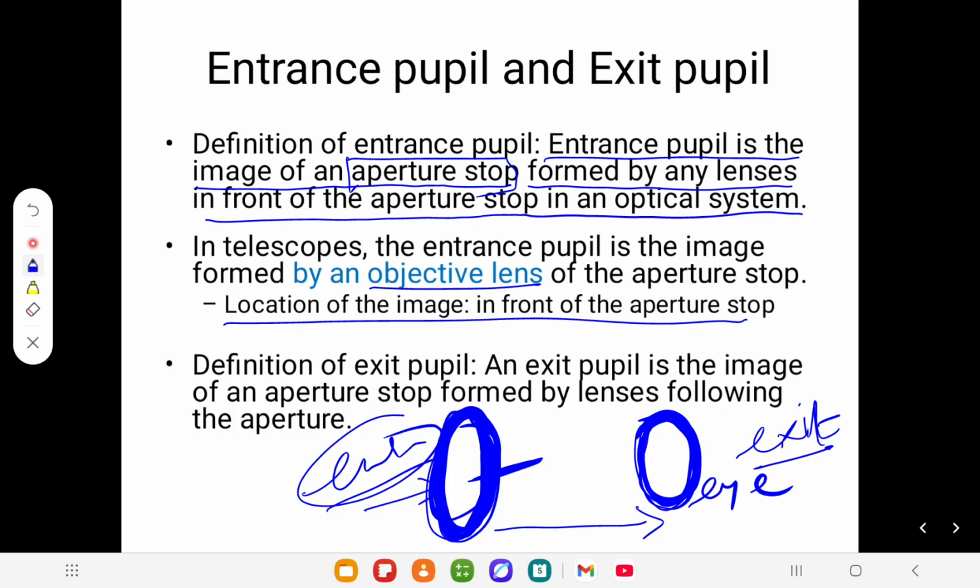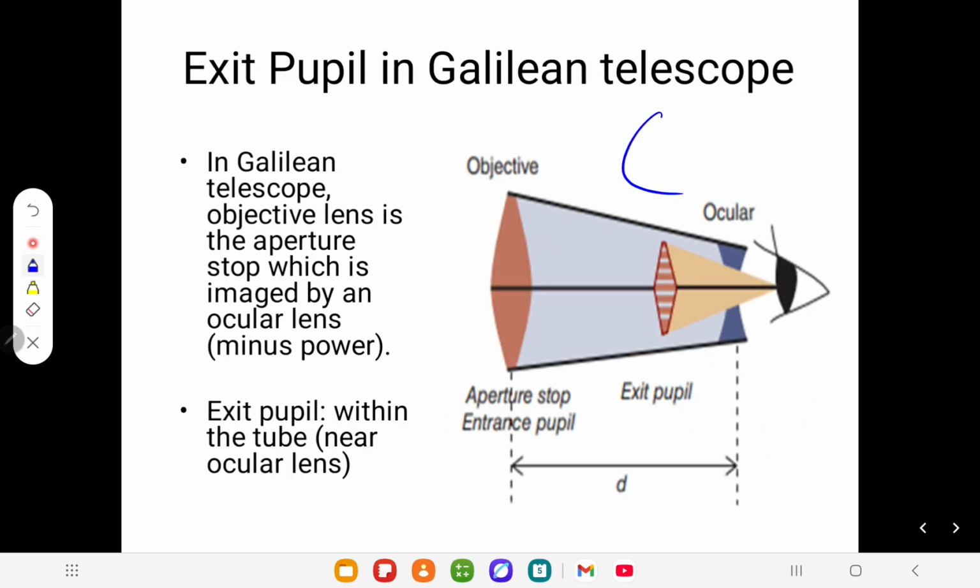But in the case of our eye, I have already told you. In the case of our eye, let me draw. Wait, let me draw here. In our eye, we have the lens and cornea. This is the aperture stop, which is the pupil. The image of the pupil made by the cornea is the entrance pupil, which is 13% larger. The image of the pupil made by the lens, which is 3% larger, is the exit pupil.